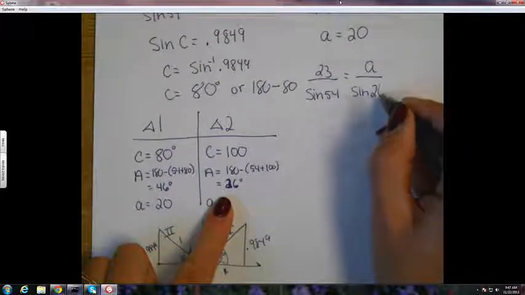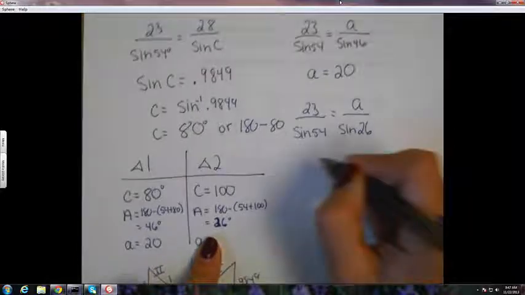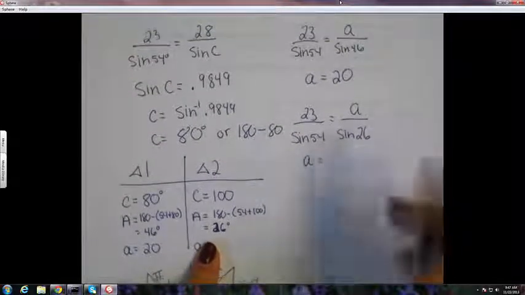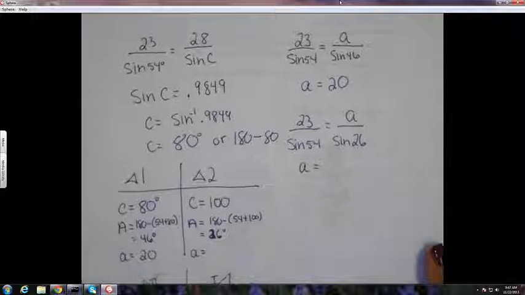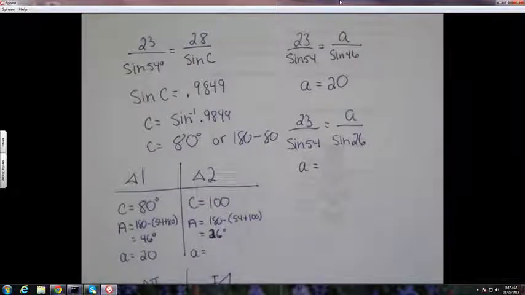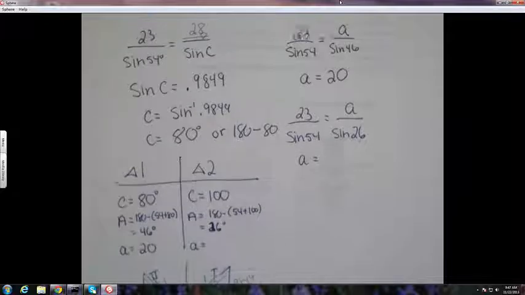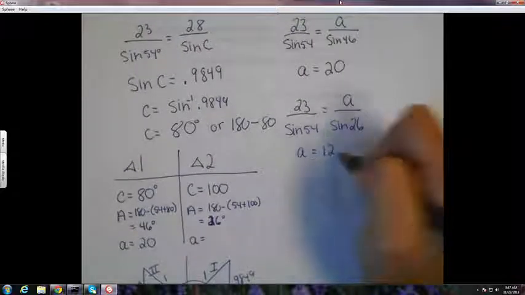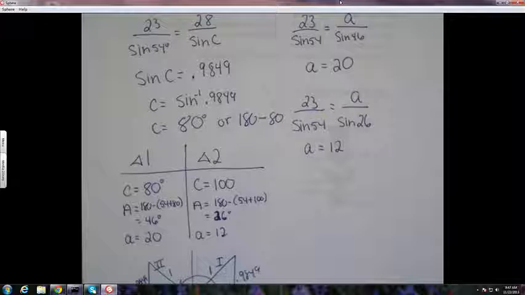It's across from the 26 degree angle. So 12. So that one did have 2 triangles.